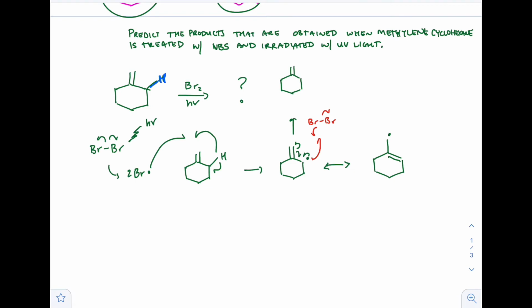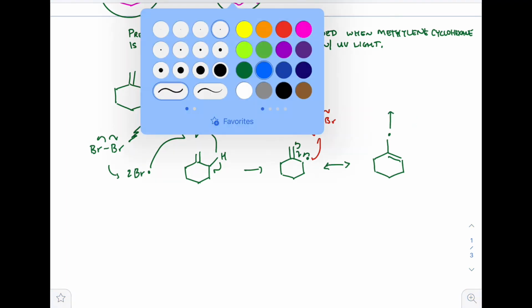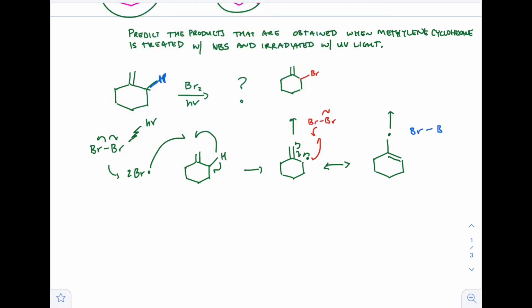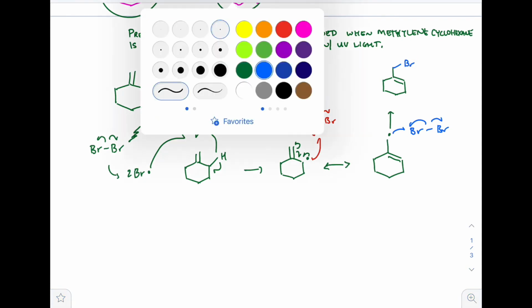Everything stays the same, except now that radical position has a bromine instead. Now let's do the same thing for the allylic radical on the right. It's the same process, just at a different position. It's really easy to jump to the final step and throw a bromine on the allylic positions.